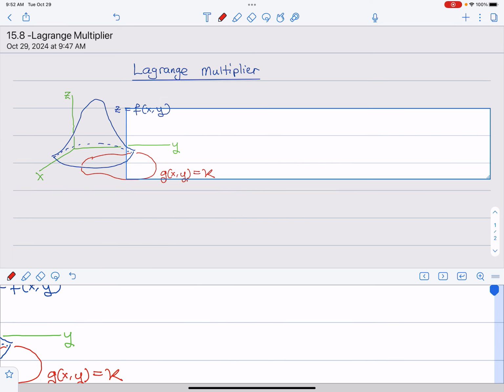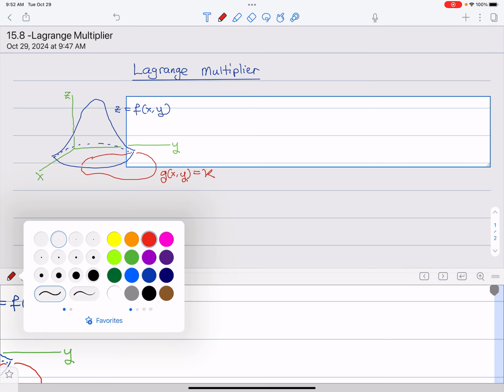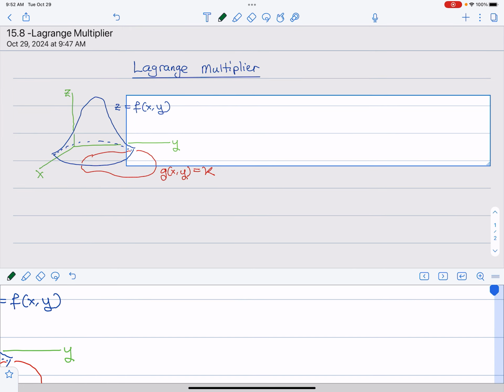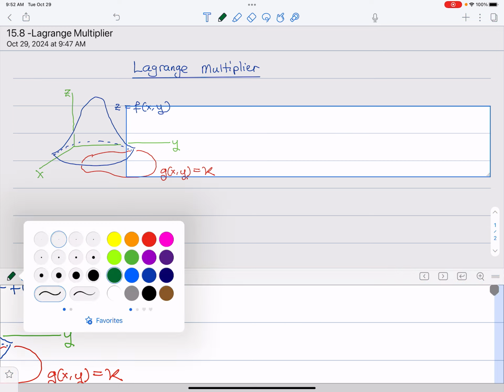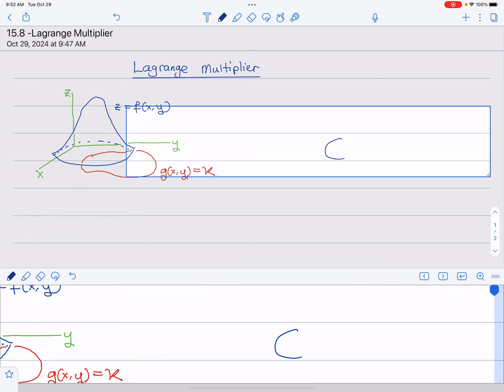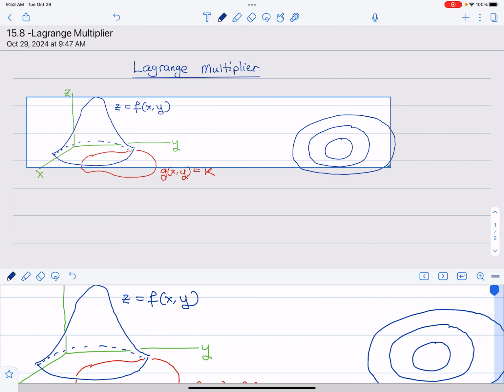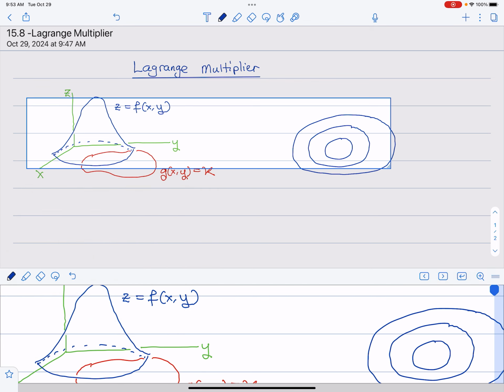So the method of Lagrange multipliers leverages the fact that each surface provides us a chance to look at its level curves. So assuming the surface we have there, this generic surface I have, its level curves are, let me use blue, these are the level curves at different points. Let's just make them circles. All right, so these level curves, you know what, let's make them green.